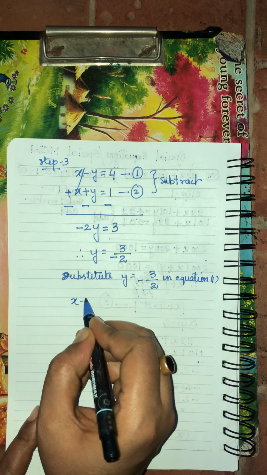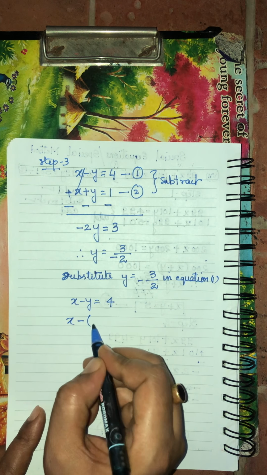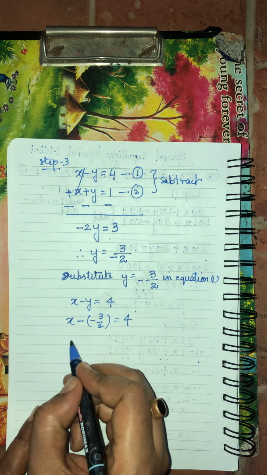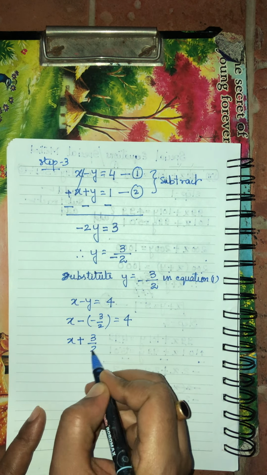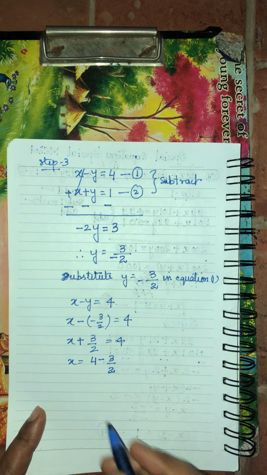So x minus y is equal to 4. x minus of minus 3 upon 2 is equal to 4. So x plus 3 upon 2 is equal to 4. x is equal to 4 minus 3 upon 2.